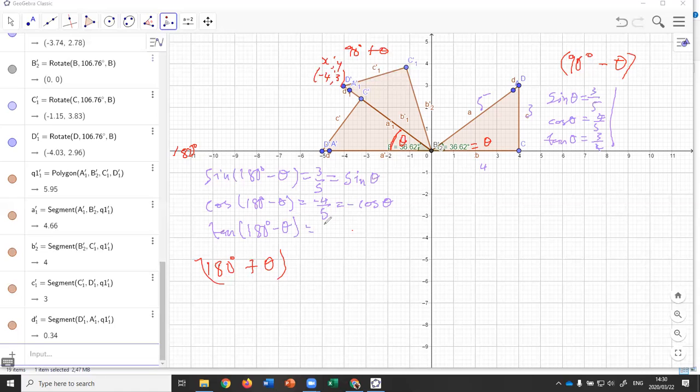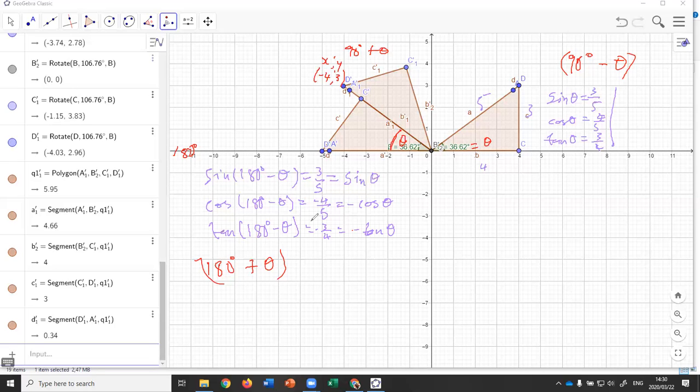It's going to be y over x, so there we have minus tan theta. And bravo, guess what? We have made it, guys. We have made it. And that is the reduction for 180 minus theta.